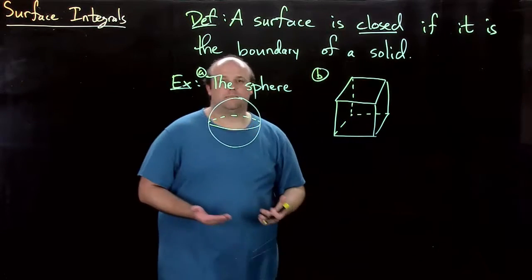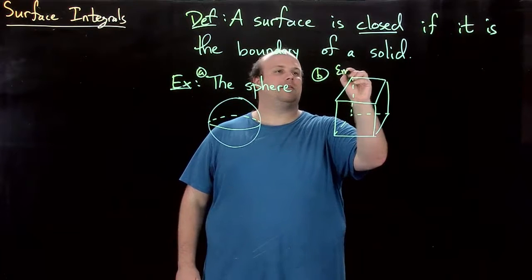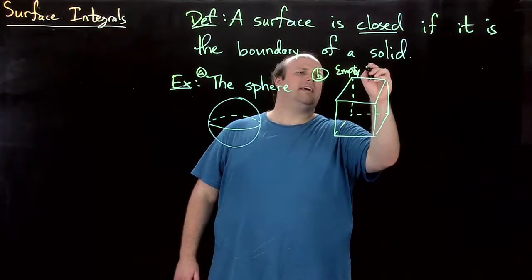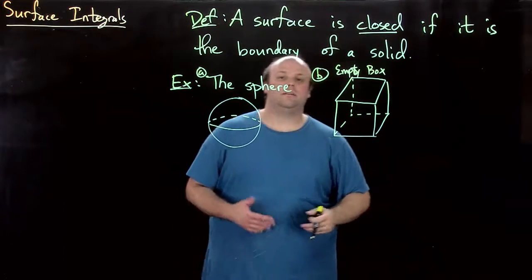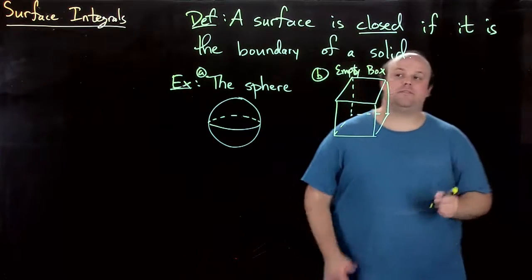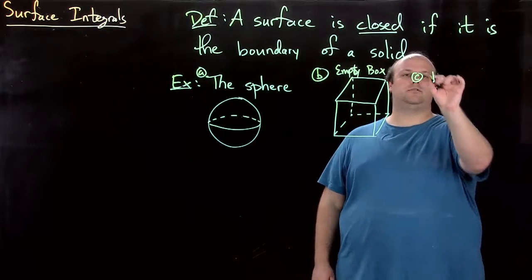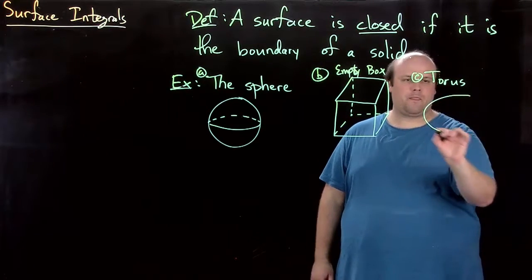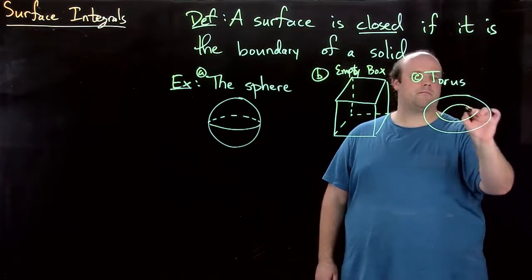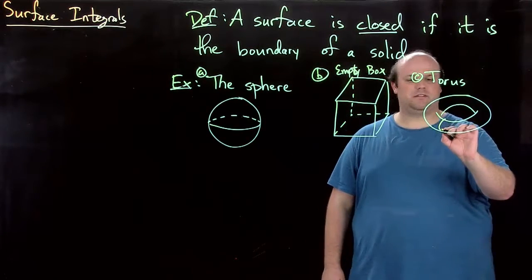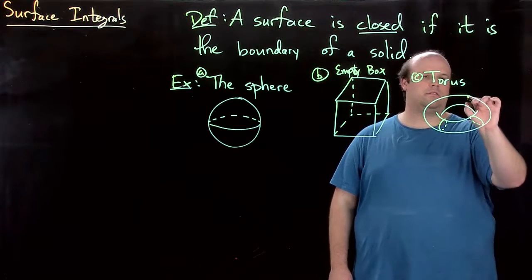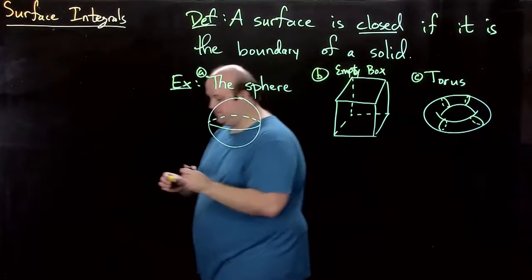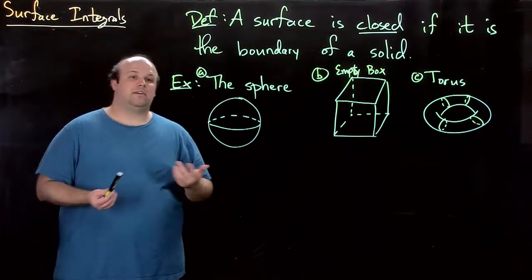And to give you something a little more fun, another example is a torus, which is like a hollow donut shape. It looks something like that. This is like a tube that's connected back to itself. Again, a hollow donut.